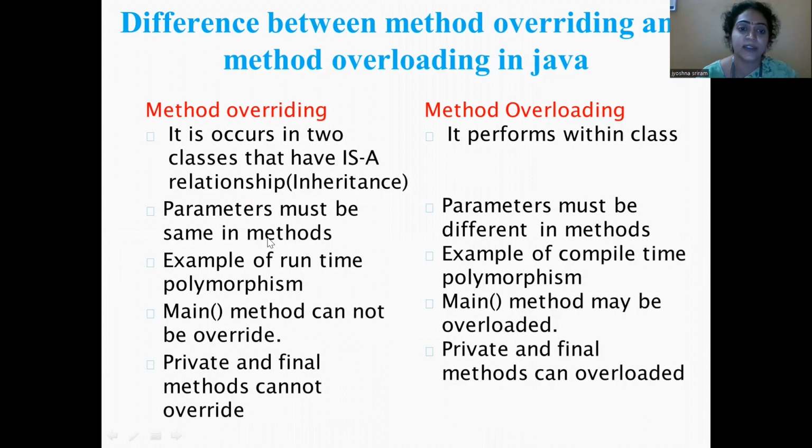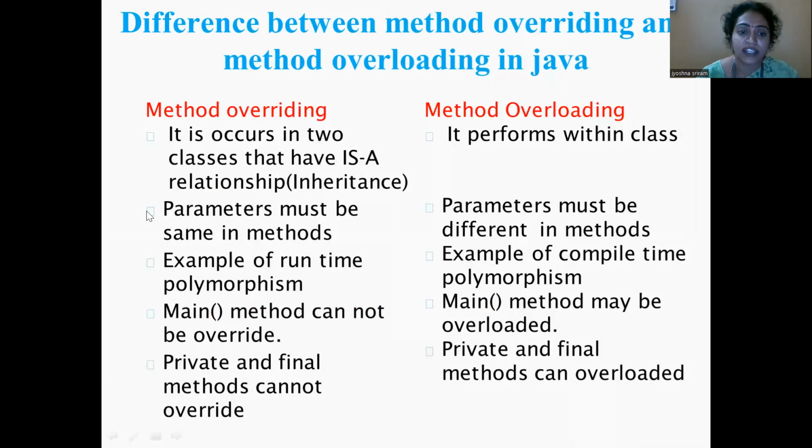Next difference is in method overriding, parameters must be the same, but in method overloading, parameters must be different. Next difference is that method overriding is an example of runtime polymorphism, while method overloading is an example of compile time polymorphism.